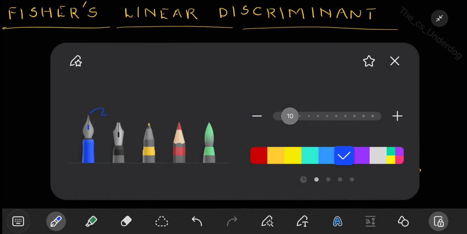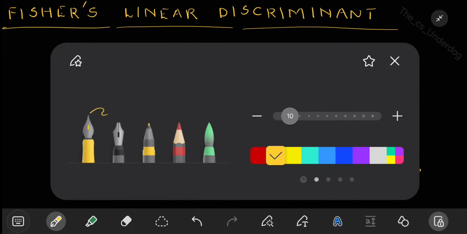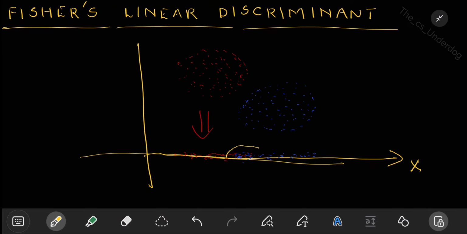And you project all the blue points, and they come down here. This is the present situation. But the problem is there is a small area over here where you see a clear overlap of red and blue. So in this area, you won't be able to determine whether it is class red or class blue.